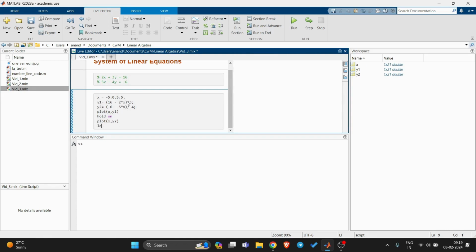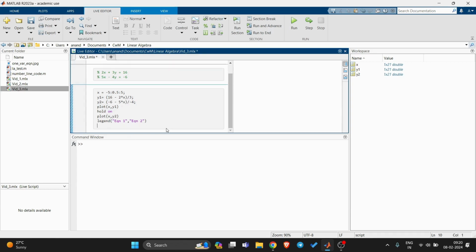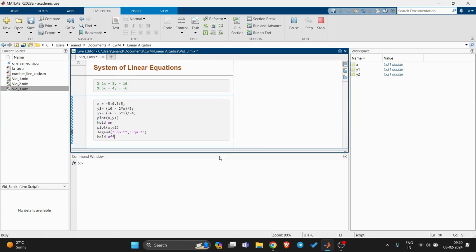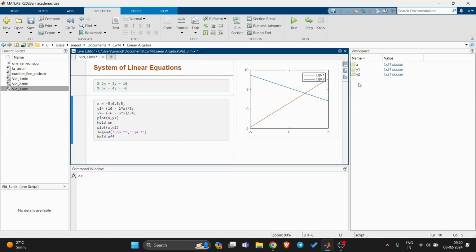Now let's add a legend to identify the lines: equation 1, comma, equation 2, and let's run this here. So when I run this, I get my figure.